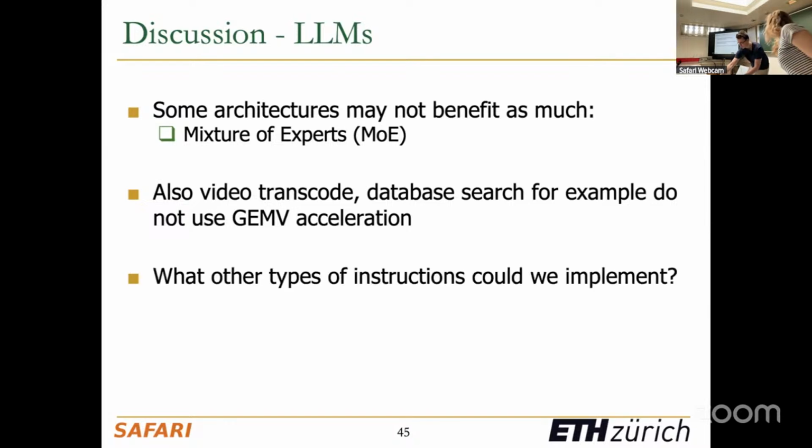So my question is, what other types of instructions could we implement near the memory? Does someone know what could be implemented for some of these workloads? Maybe to increase the part of the large language models that can be done in the memory.